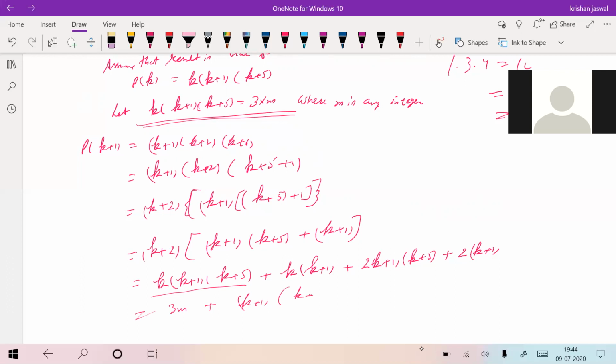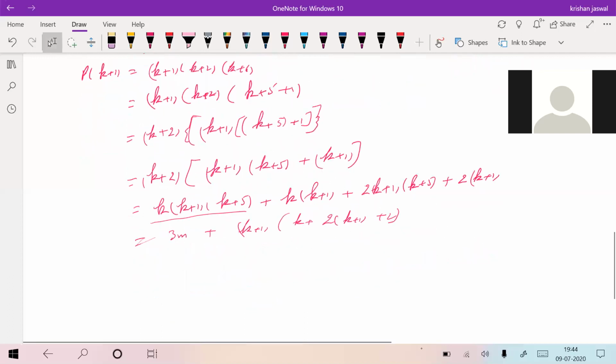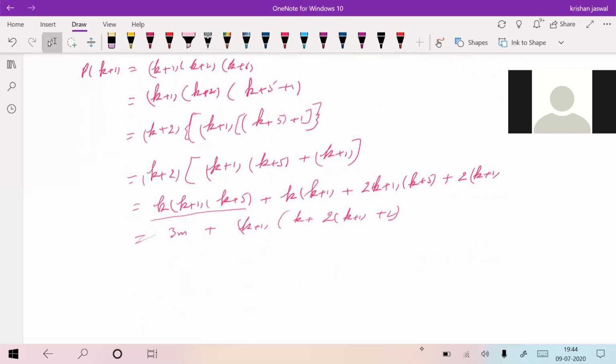k plus 1 is common, so we get k into 2k plus 1 into 2, k plus 5.